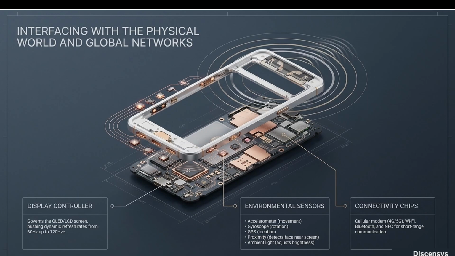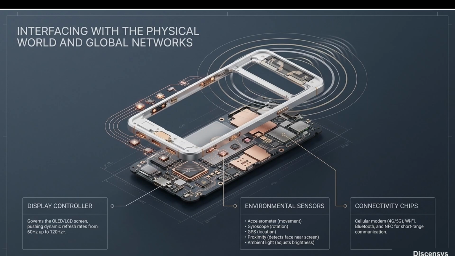And we have the connectivity chips, which do multiple jobs: Wi-Fi chip, Bluetooth chip, NFC, and cellular modem, 4G or 5G. The cellular modem is for the signals we get, like 3G, 4G or 5G signals. To connect to Wi-Fi, we need the Wi-Fi chip.